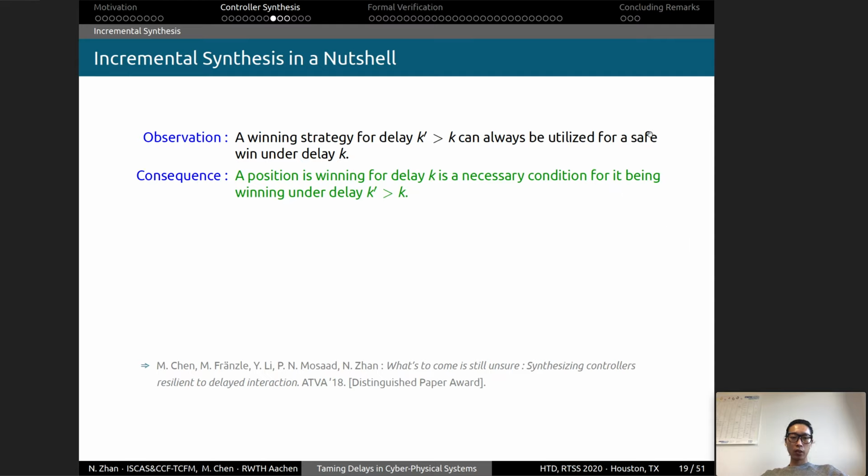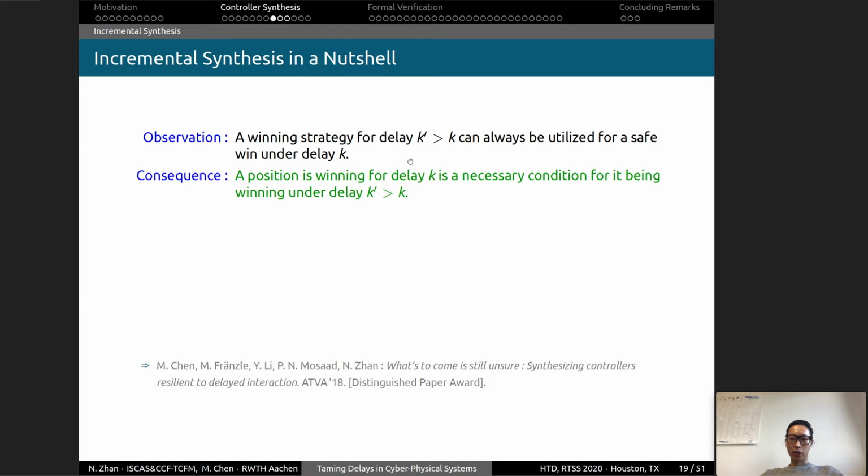Here is an incremental synthesis algorithm that we proposed based on a basic observation: a winning strategy for a delay k prime, which is a bit larger, can always be utilized for a safe win on the delay k.